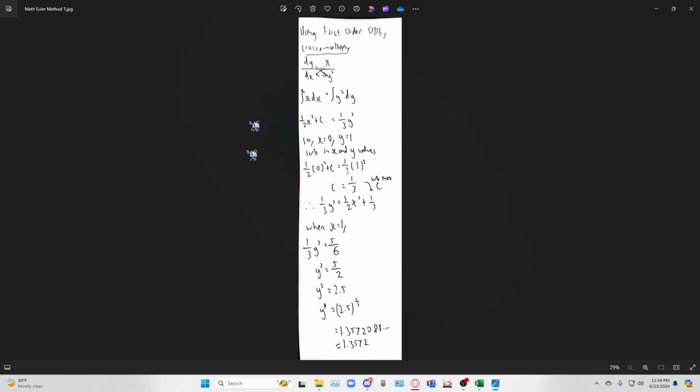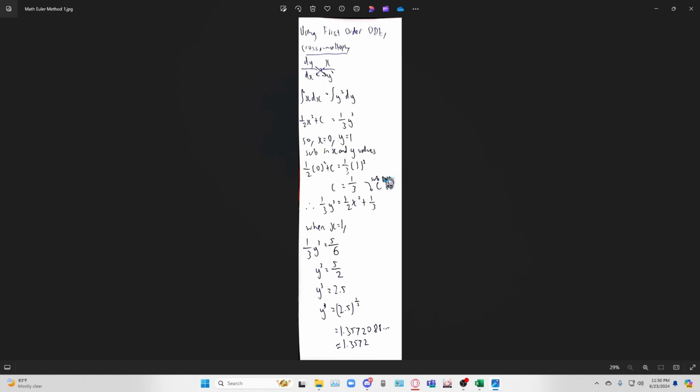So now this is my working for the question of solving it using the old-fashioned first order ODE. First, just the usual cross multiply, then integrate: half x squared plus c equals 1/3 y cubed. Then when x equals 0, y equals 1, sub in the x and y values, so you get half 0 squared plus c equals 1/3 of 1 cubed. So ultimately you get c equals 1/3.